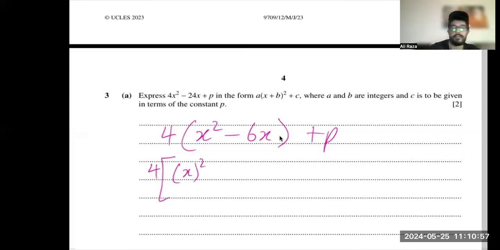We have the square of the first term. We'll take minus 2 outside. We have a over here. So our b should be the value which we multiply with minus 2 to get minus 6x, which in this case would be 3.